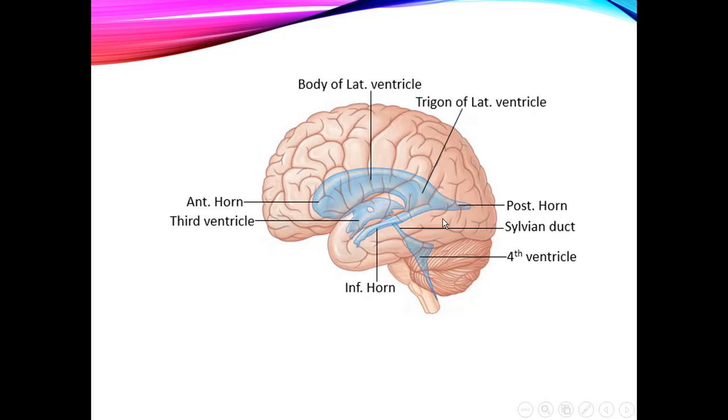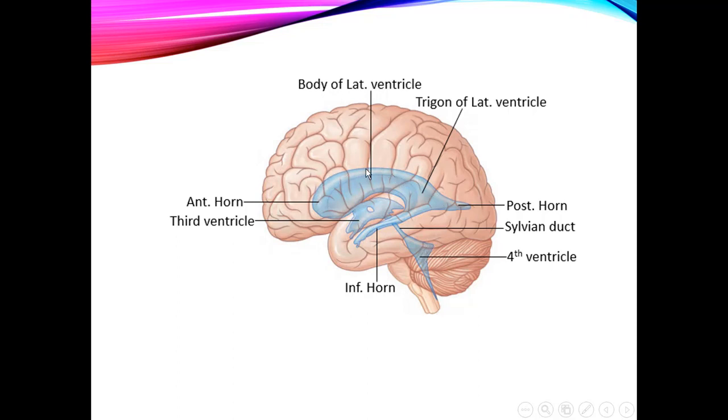Ventricles are a series of cavities interior to the brain. The brain has 2 lateral ventricles, one lateral ventricle on each hemisphere. And this is the 3rd ventricle and 4th ventricle.